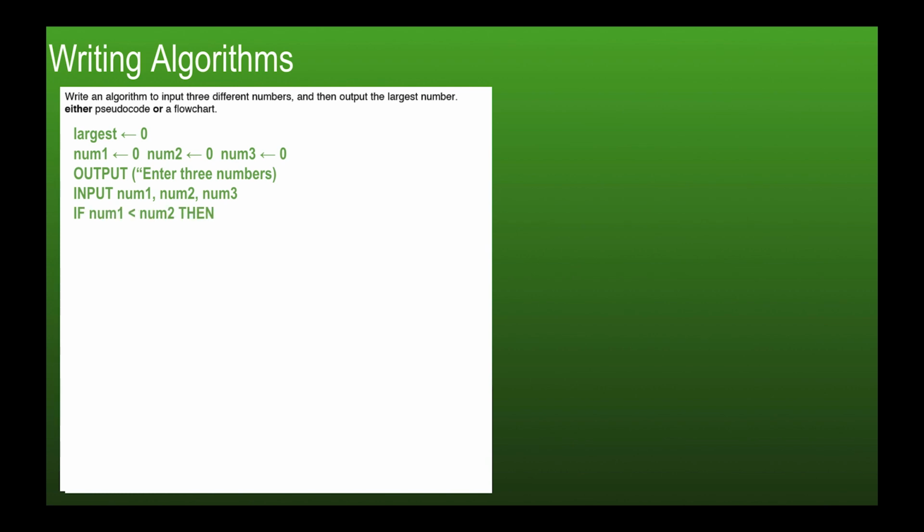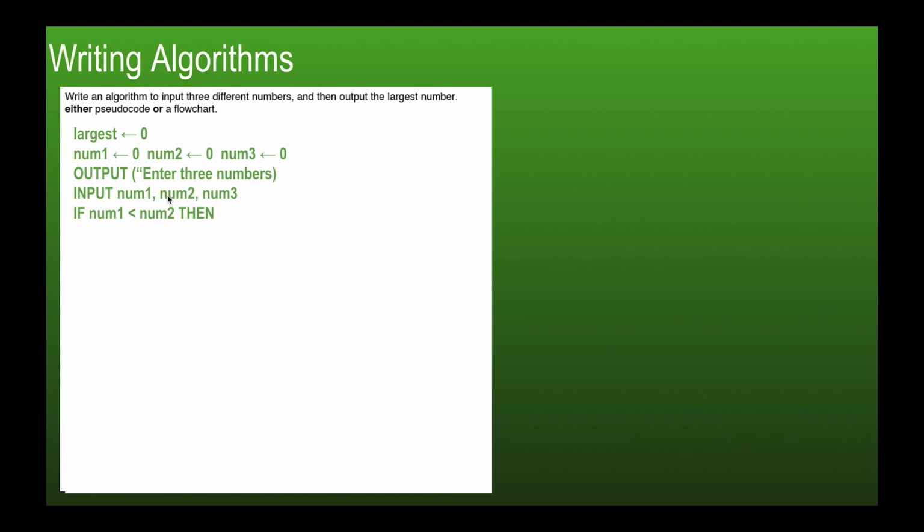So what I'm going to do is I'm going to do comparisons. So I'm going to systematically work through using nested ifs. This may be a bit complicated, but for me, this is the most logical. So what I've done is I say, okay, if number 1 is less than number 2, okay? So what I'm saying here is number 2 is larger than number 1. Like number 2 is our largest of these 2 numbers.